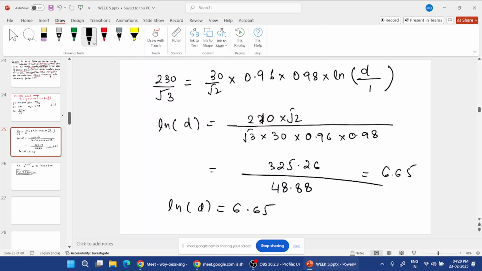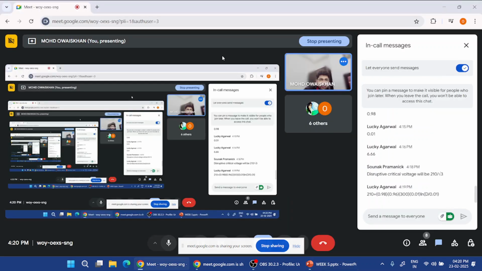Then if we divide it, 48.88. E raised to the power this. 4.375.